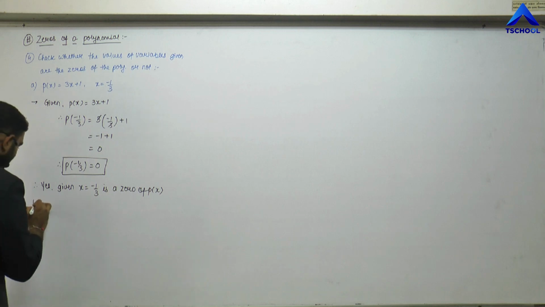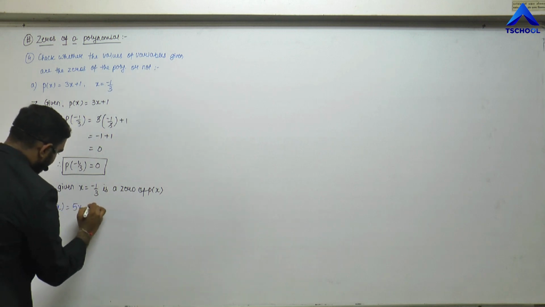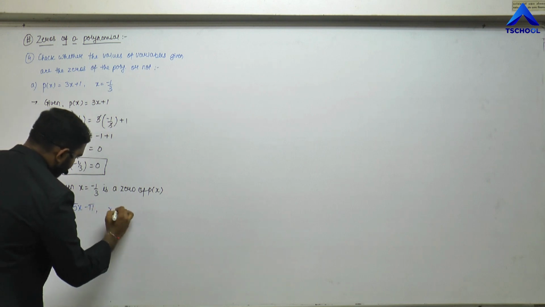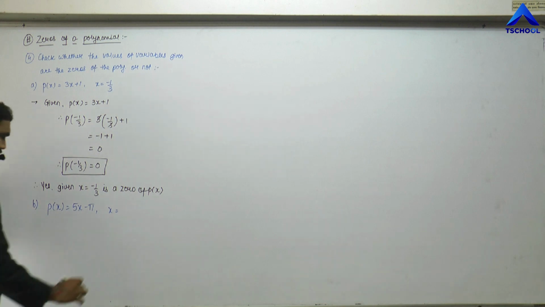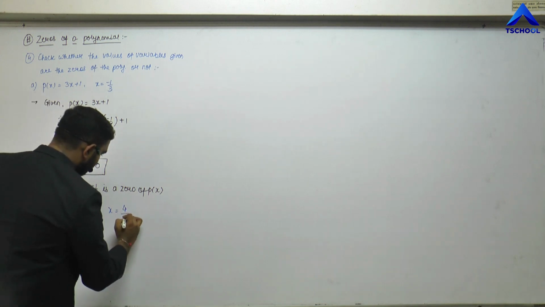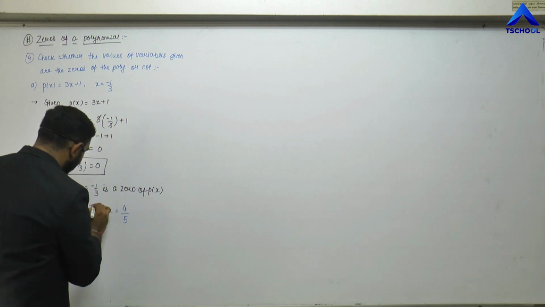Then the second question, given p of x is equals to 5x minus pi at x is equals to 4 upon 5, right? It is 5x minus pi, friends, pi.